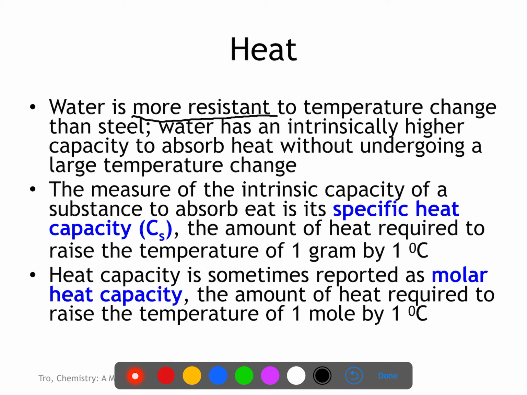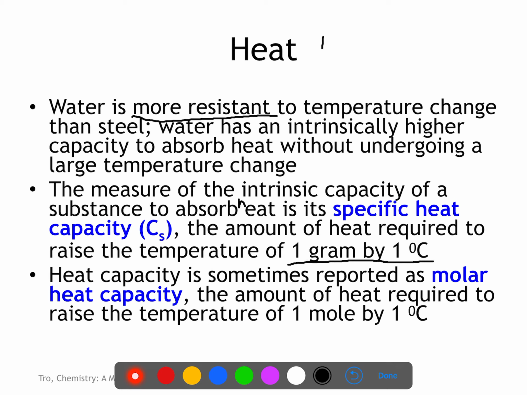Because of this intrinsic behavior of water, the measure of this capacity to absorb heat is its specific heat capacity: the amount of heat required to raise the temperature of 1 gram by 1 degree Celsius.